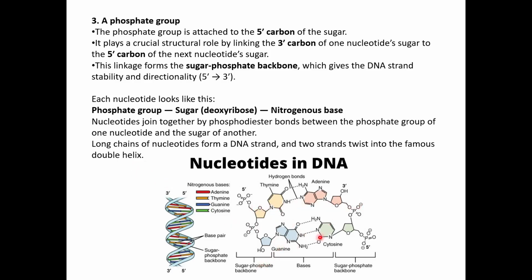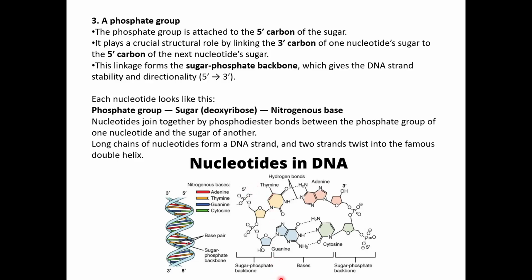So this is usually how the sequence is bound. This is one strand and this is the other strand. You have the sugar, nitrogenous base, and then you have the sugar of the bottom nucleotide and the sugar of the top nucleotide, and these two are bound to each other by the phosphodiester bond, and then this strand and this strand are bound to each other by the hydrogen bonds between the nucleotides.